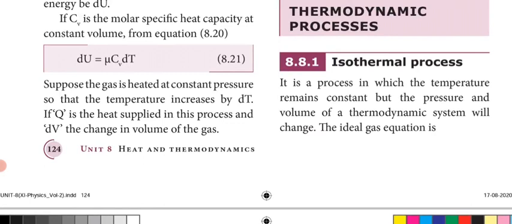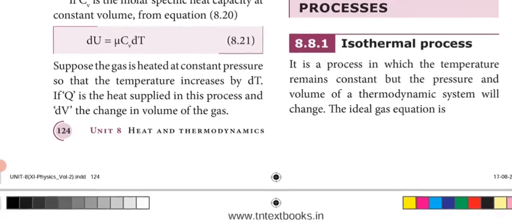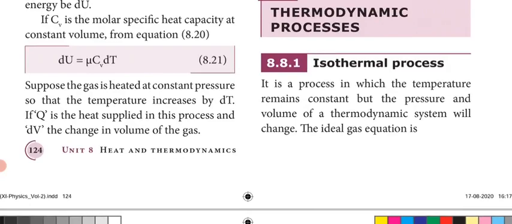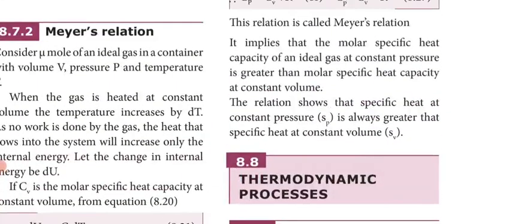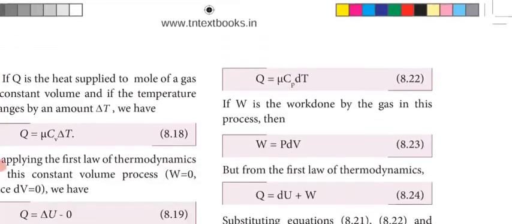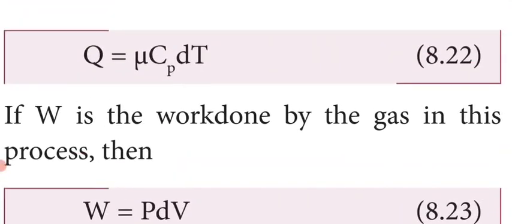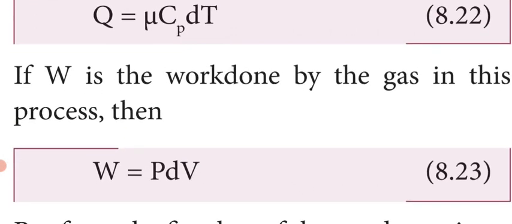Suppose the gas is heated at constant pressure so that the temperature increases by dT. If Q is the heat supplied in this process and dV is the change in volume of the gas, then Q is equal to μ Cp dT. The work done by the gas is pressure times change in volume, P dV.